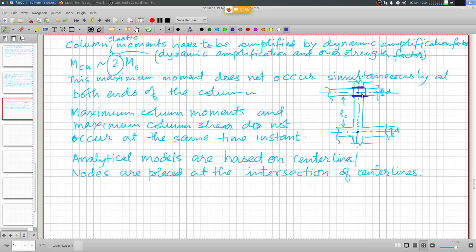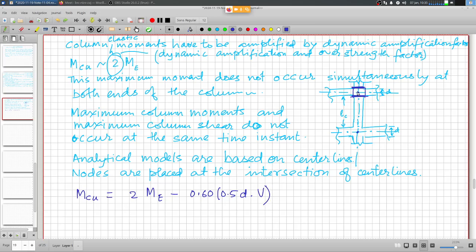So how do we do this? One thing is this is MCU. MCU would be taken as twice ME minus about 60% of the ultimate shear force acting on that, and 0.5 times D times the shear force.